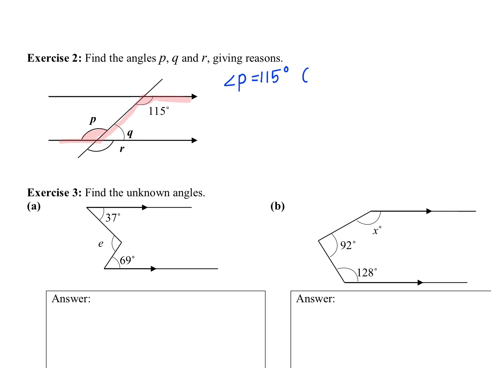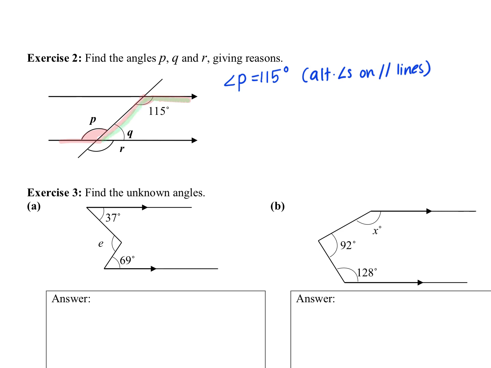Reason being, we usually write the reason in brackets: alternate angles on parallel lines. Secondly, we can find the angle Q. Now, although I think some of you already know, you would take 180 minus 115, using adjacent angles on a straight line.